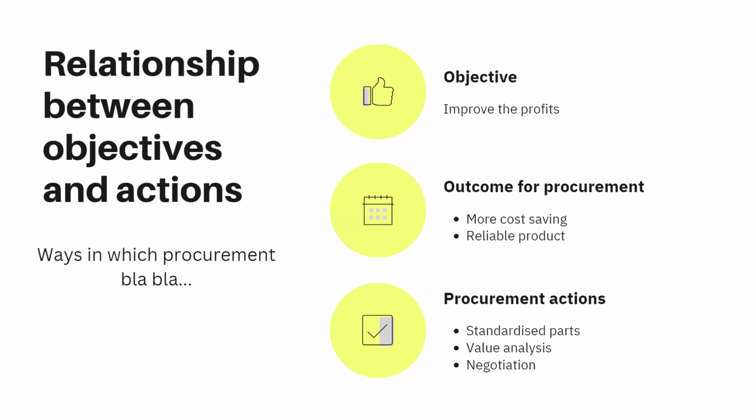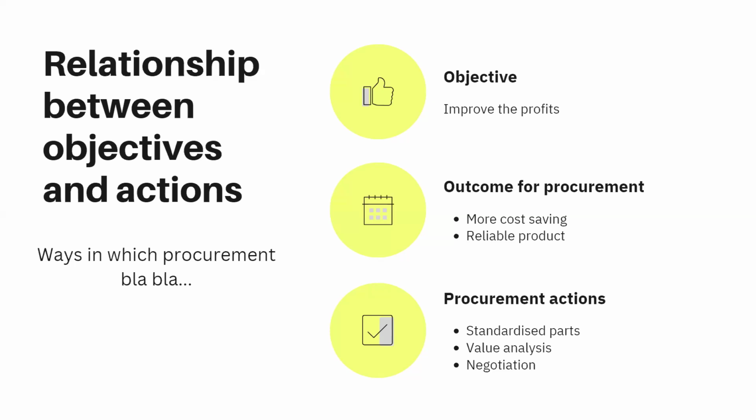For example, the most typical one would be the objective of getting profit or improving profit. Then your answer should include actions like we need to have standardization, we need to conduct value analysis, or we need to renegotiate with key suppliers, to get better price, to get higher quality, and so on.